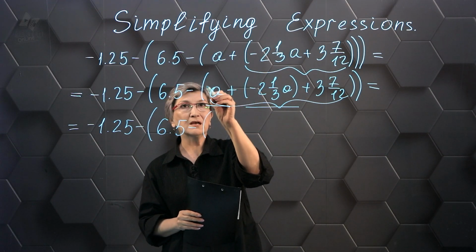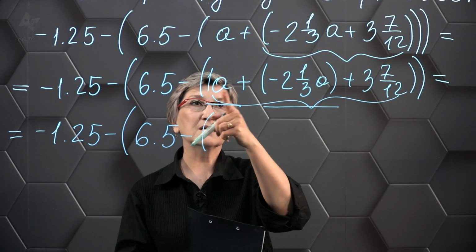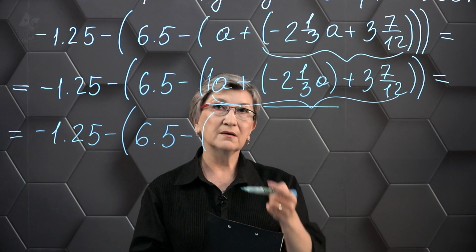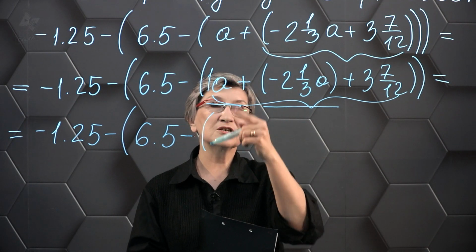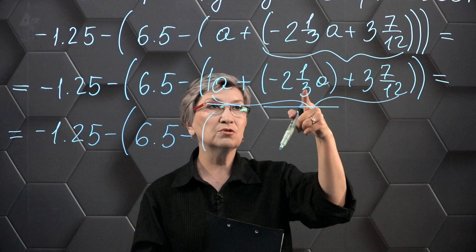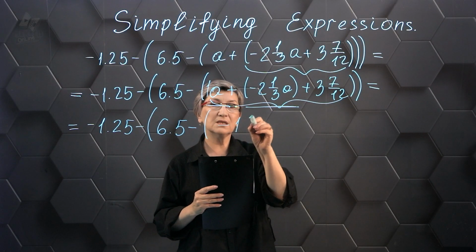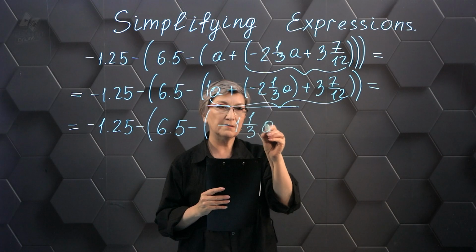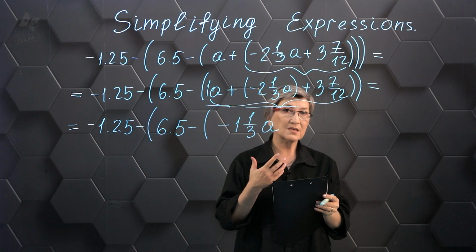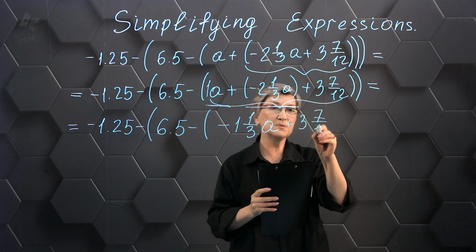The first summand has a coefficient of 1, and we're adding two numbers with different signs. Now remember the rule: when we add two numbers with different signs, we subtract 1a from 2 1/3 a. That's minus 1 1/3 a. We're using the rule of adding two numbers with different signs, and we rewrite the number 3 7/12.